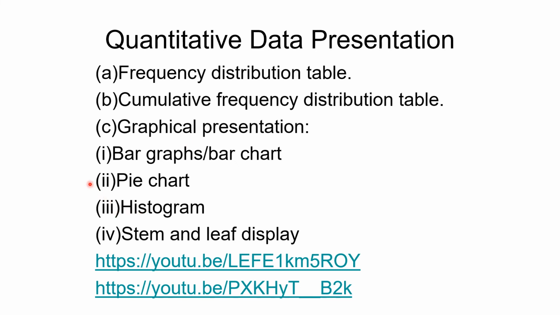So firstly, you can use bar graph, bar chart, pie charts, histograms, and also stem and leaf display. I'm very sure the first three, the bar graph, pie chart, and the histogram, you can actually draw on your own. Stem and leaf display, some of you might not have had exposure to, but however, I would just like you to have an introduction to it.